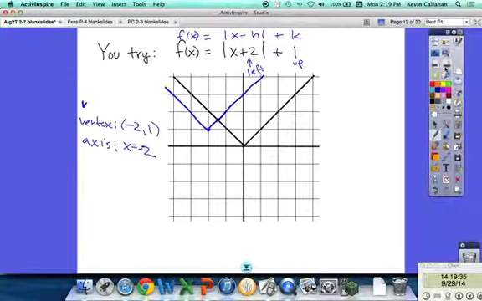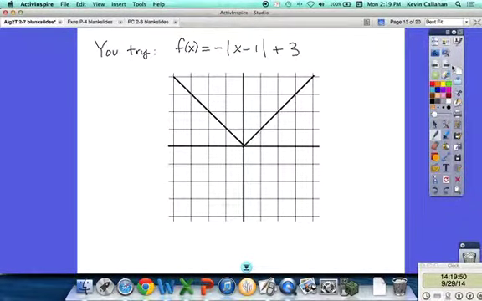Good. We're done. Okay, describe the transformations in this one. Yes. Right 1, up 3, and then the minus in front, the flip.